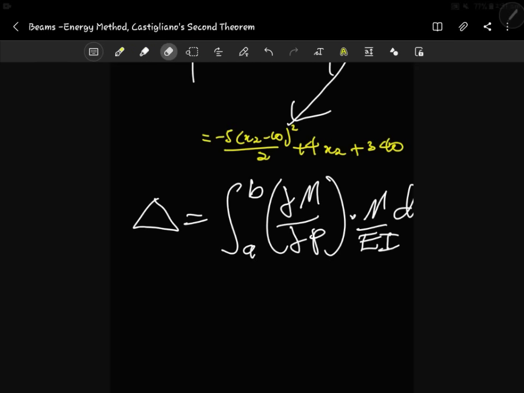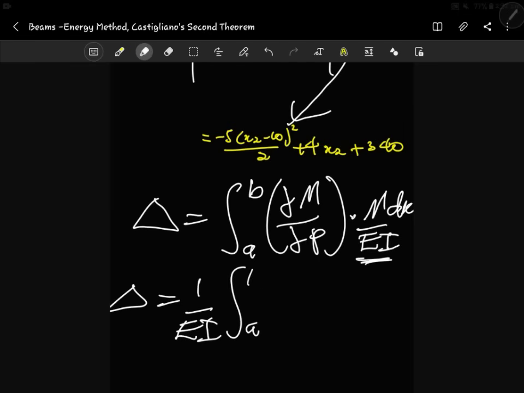And because these ones are constant, we can bring the constant out. So that's 1 on ei, from a to b, and then we have p times this m, and then dx, right?